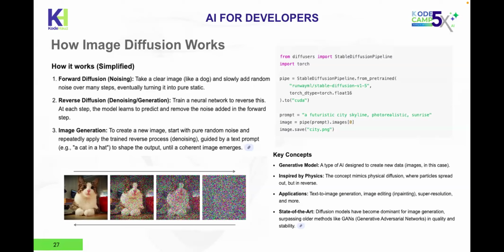Then in the reverse diffusion process, what we call the denoising process or the generation phase, you now use this data to train a neural network so that it can reverse this process of noise. Essentially the data that you created when you were noising the image, you use that to train a model. So the model learns how to denoise the image from the data that you provided. Then once you have trained that model, it learns how to denoise.